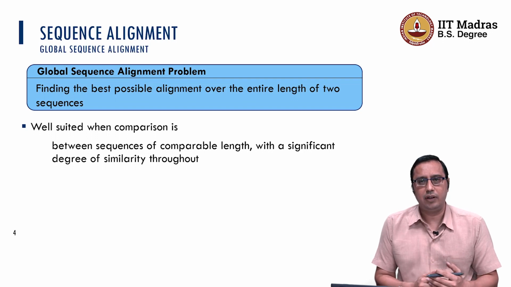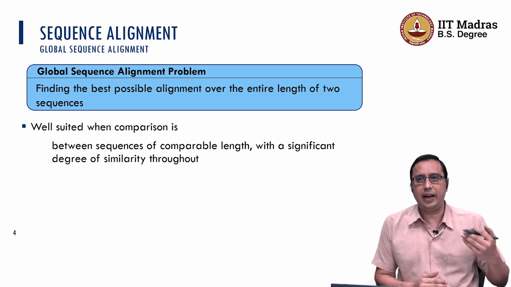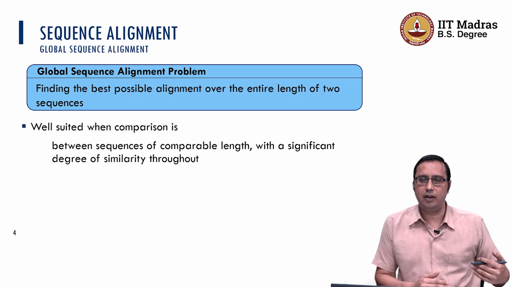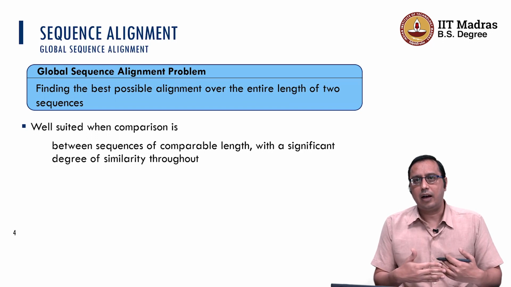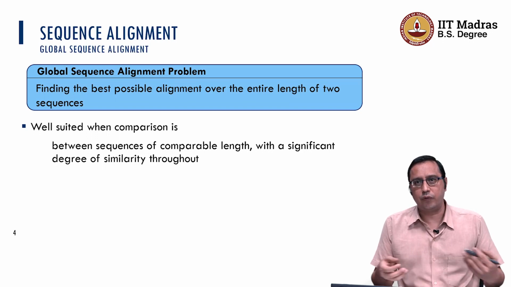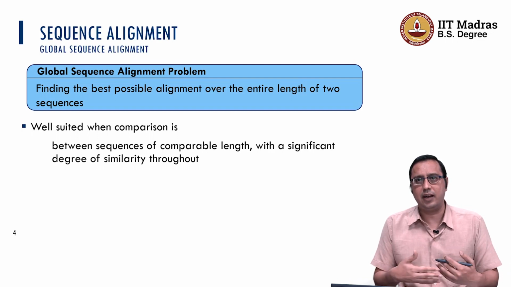So if I have a reference sequence and I have a sequence from other suspected organisms, then I want to compare them, because I might find that most of the sequence throughout my two sequences is aligned or more or less similar.